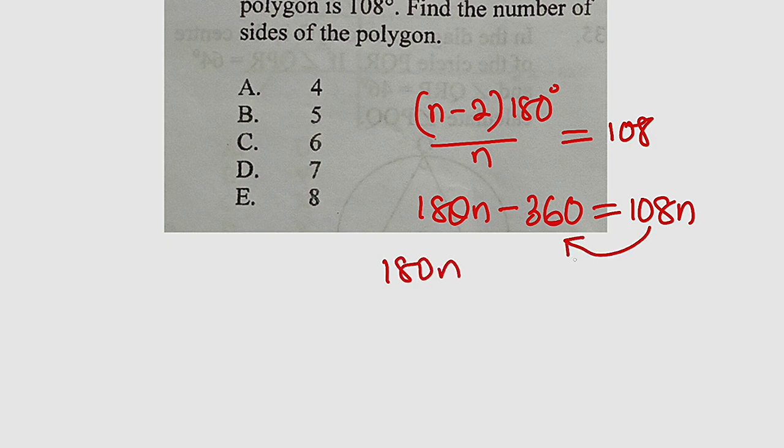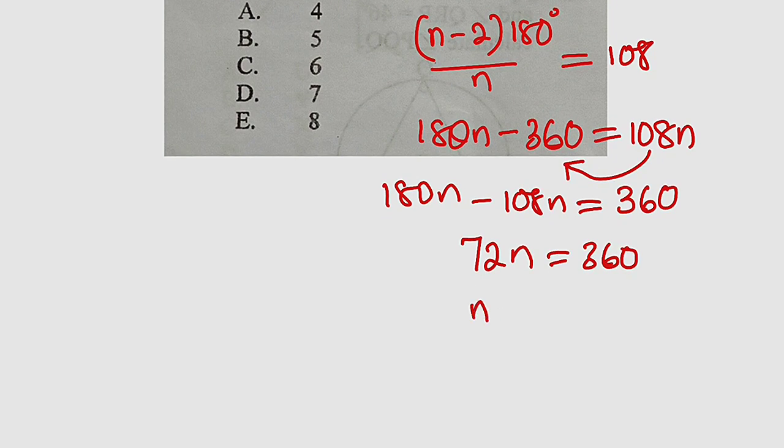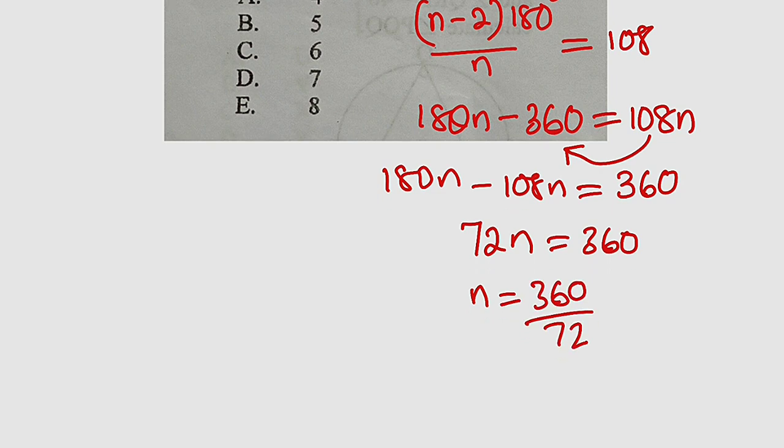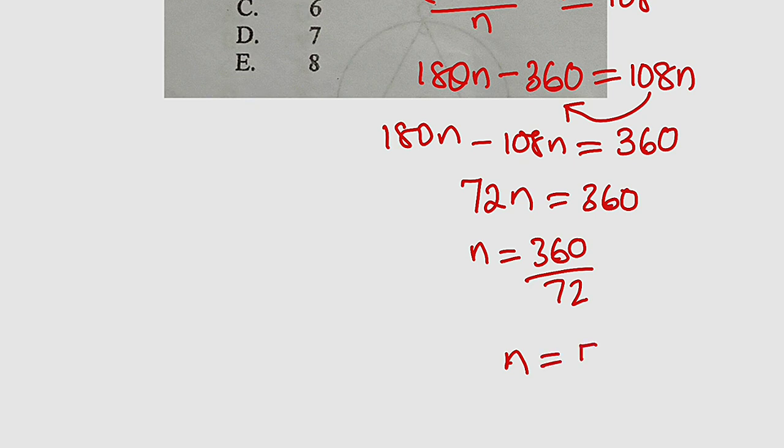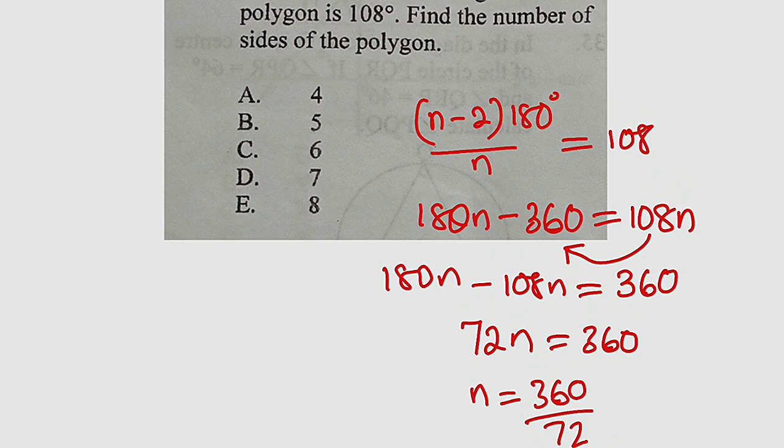If this crosses over, it becomes negative 108n. If you take 360 to the other side, it becomes positive 360. If you subtract this, you're going to have 72n equal to 360. Divide both sides by 72, n is equal to 360 divided by 72, and n is equal to 5. Therefore, that regular polygon has 5 side lengths, which is option B.